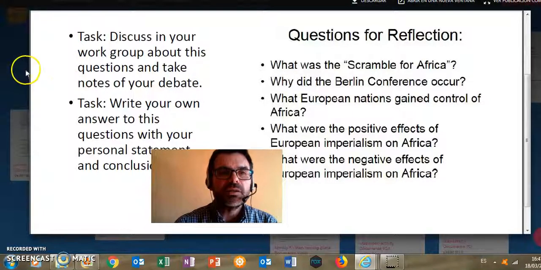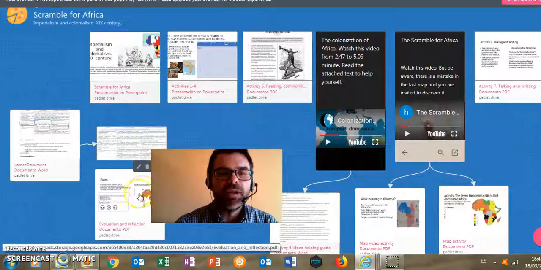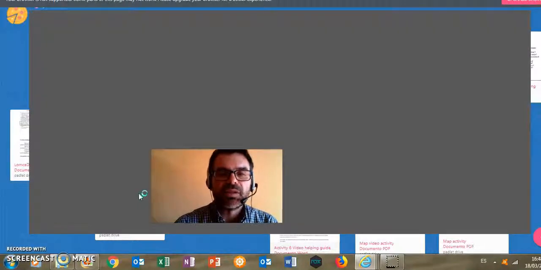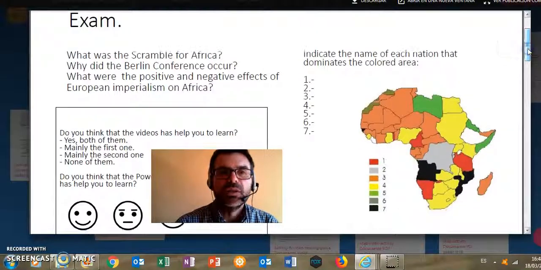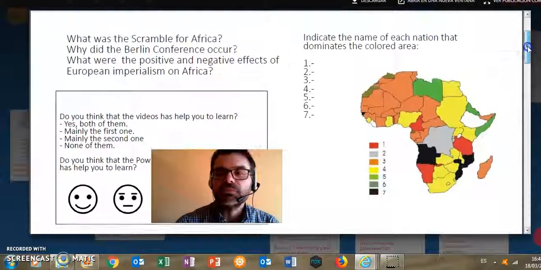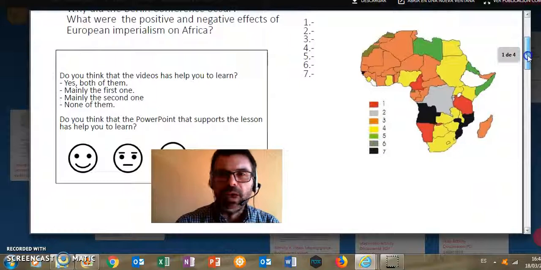Okay, this activity helps them to prepare for the exam, because basically in the exam they will respond to the same questions. And they are invited to recognize the different nations in a colonial map of Africa.